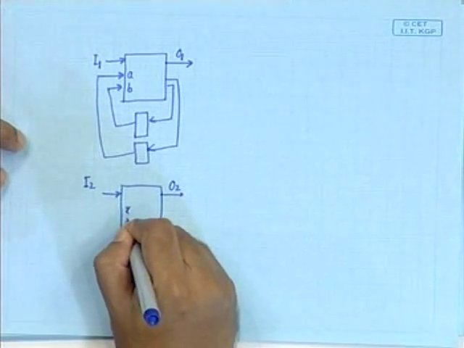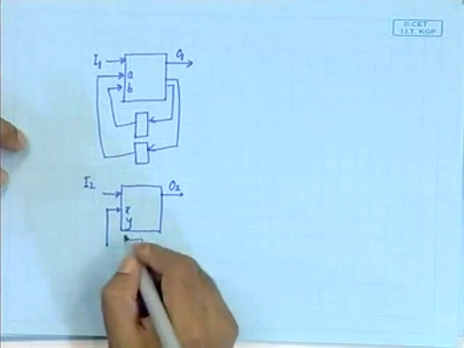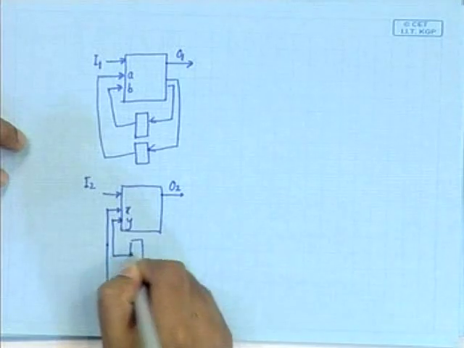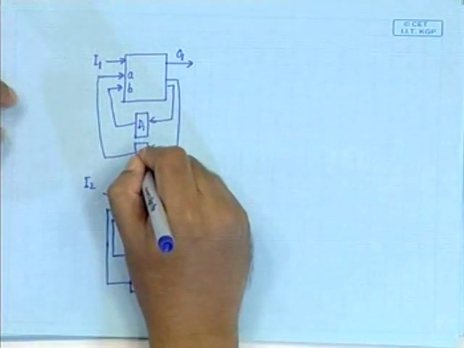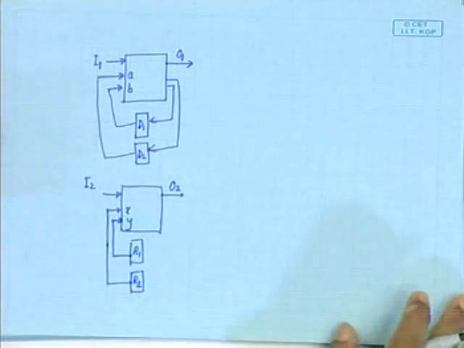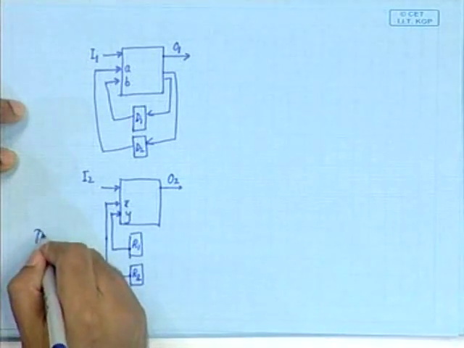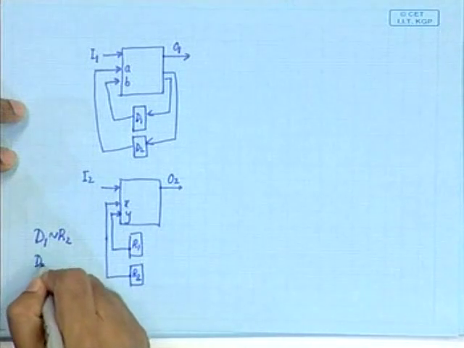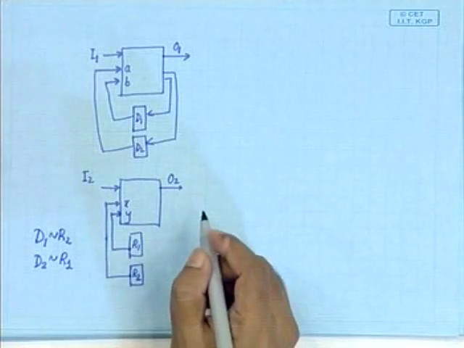Let me call these X and Y, and let me call these D1, D2 and R1, R2. Now, suppose we know that D1 corresponds to R2 and D2 corresponds to R1; we are given this correspondence.